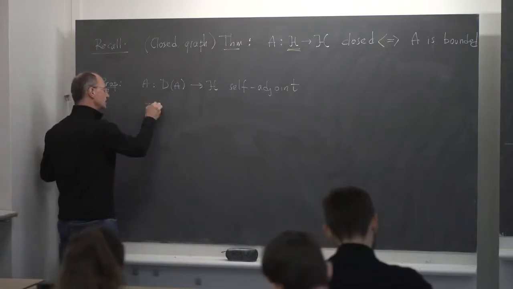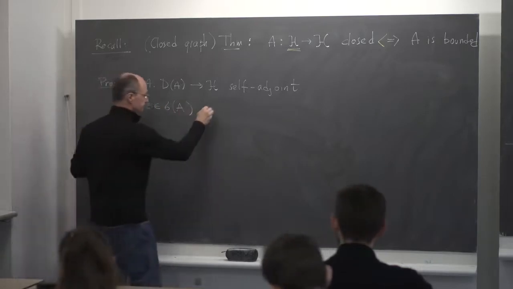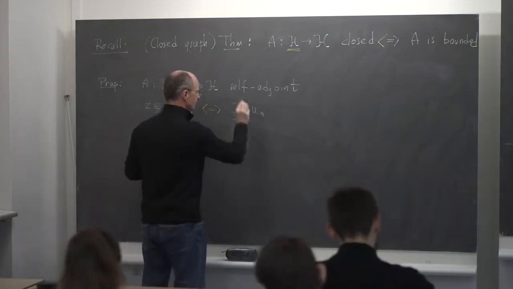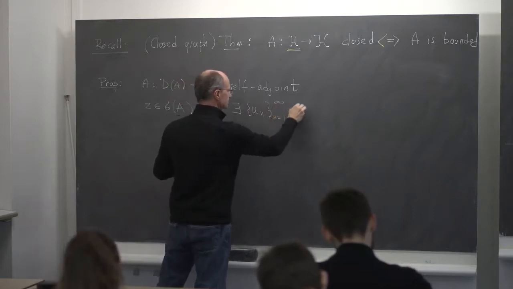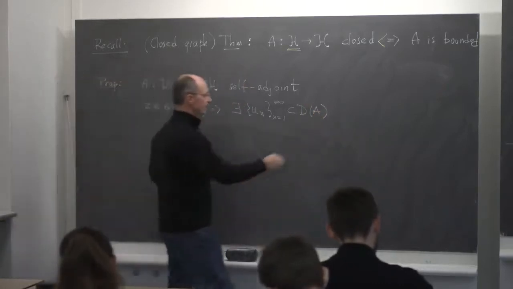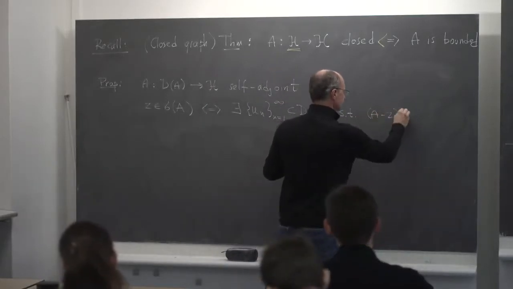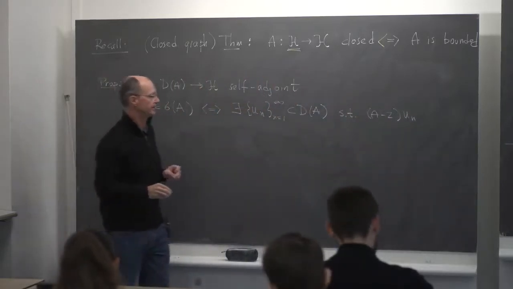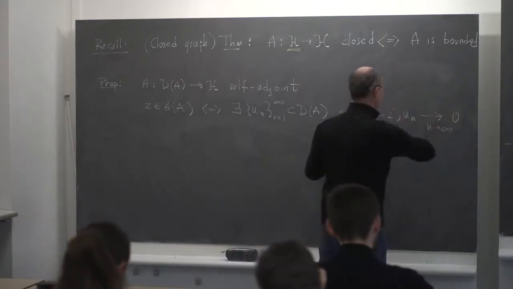Then a point Z belongs to the spectrum if and only if there is a sequence of vectors u_n in the domain of definition of A such that the vectors (A minus Z) u_n converge to 0.